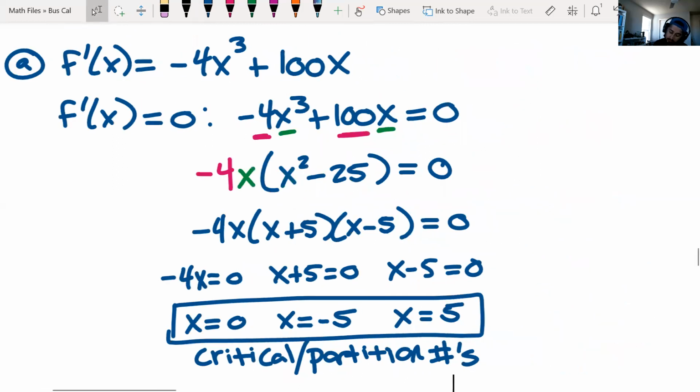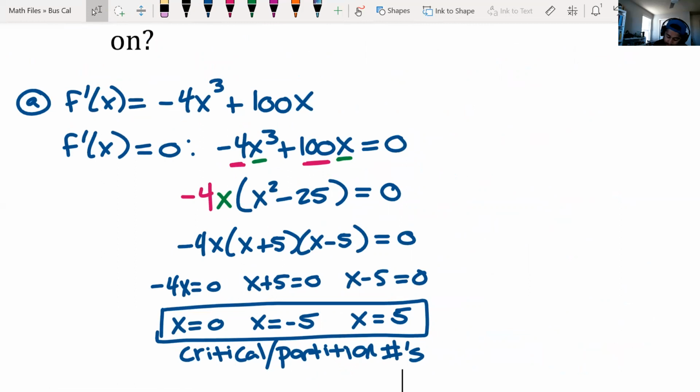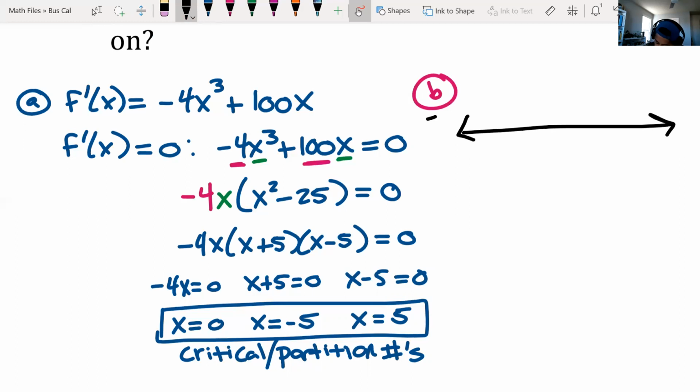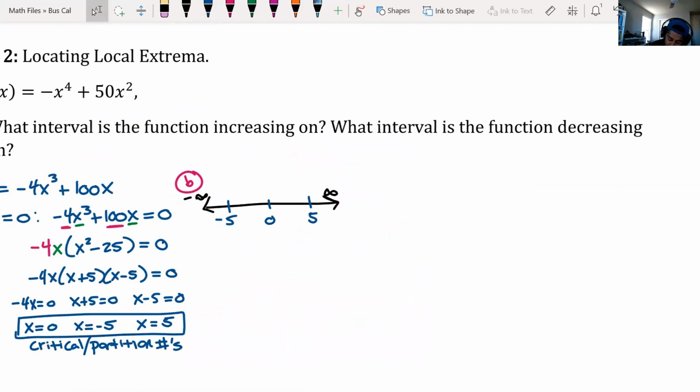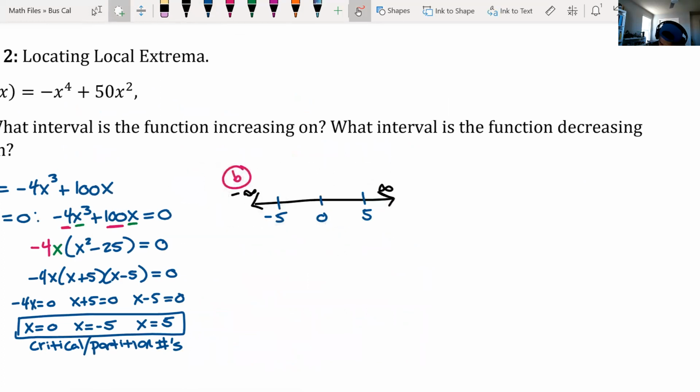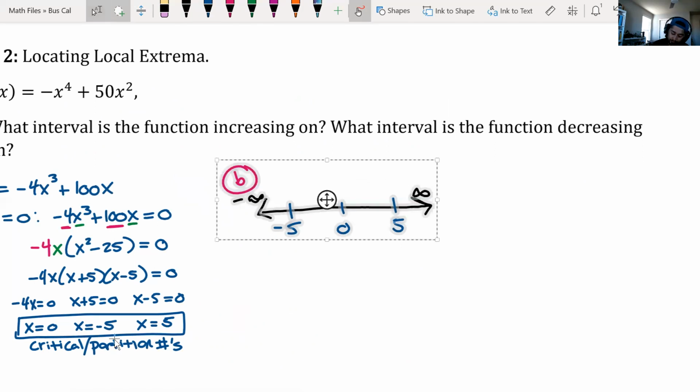Which means we move on to the sign chart. There's negative infinity. There's positive infinity. Plot your critical numbers. -5, 0, and 5. How much room am I working with? I got a lot of room. I'll just move this down. There we go.